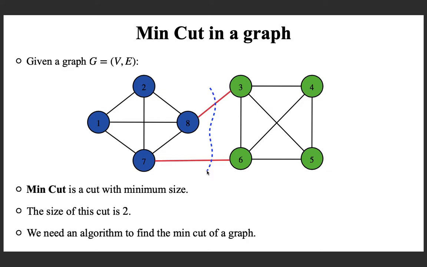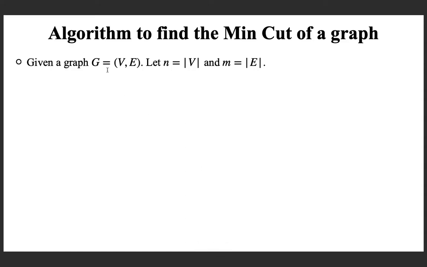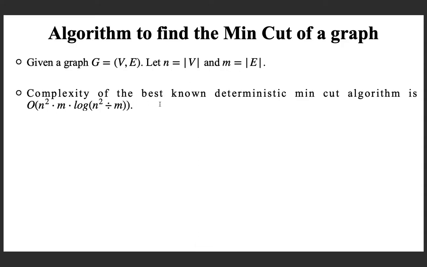We need an algorithm to find the min cut of a given graph, and there are many algorithms known in the literature which are deterministic. Given a graph with n as the number of vertices and m as the number of edges, the complexity of the best deterministic min cut algorithm is upper bounded by n squared multiplied by m multiplied by log of n squared divided by m.